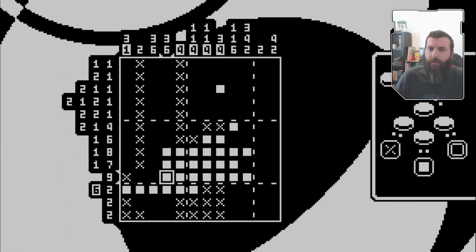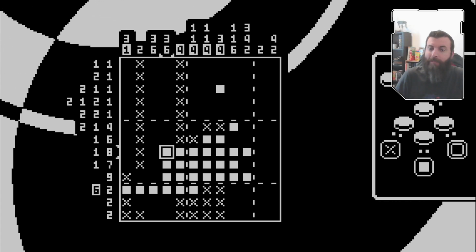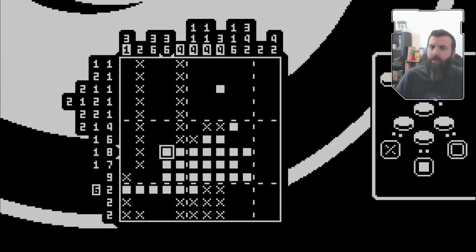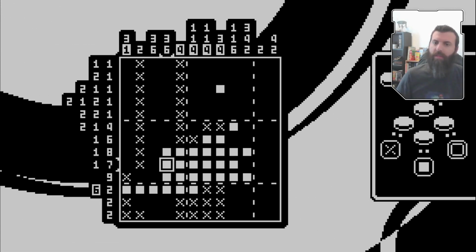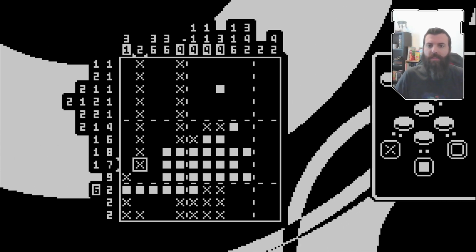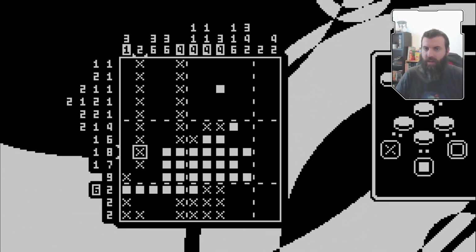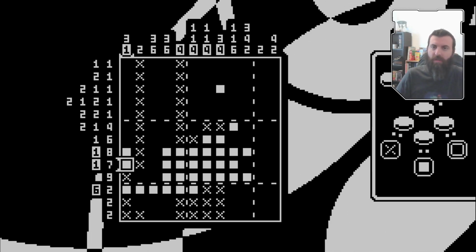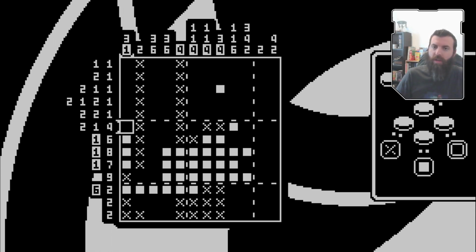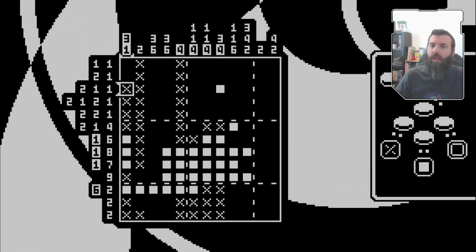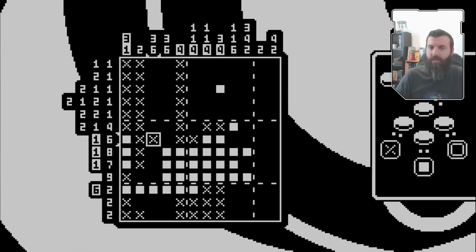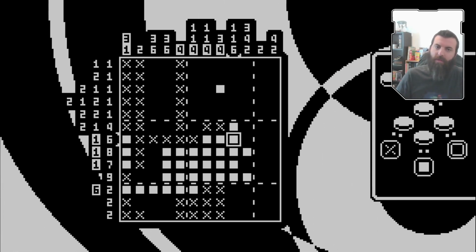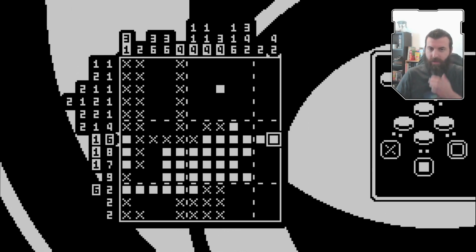With all of this in place, we can look at this horizontal 1, 7 and this horizontal 1, 8 and say, all right, this is 8. The 1 has to be over here. This is the lower edge for our 3. All of that's X'd out. That means these pixels can't be filled in because 6 has to be over here.